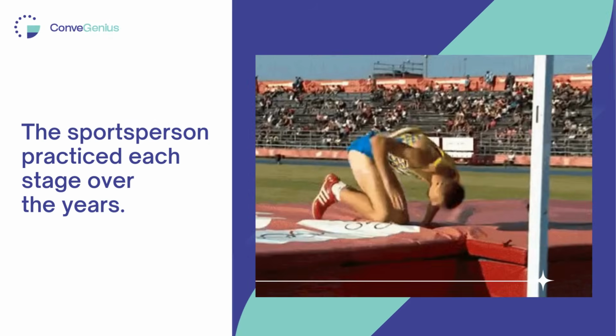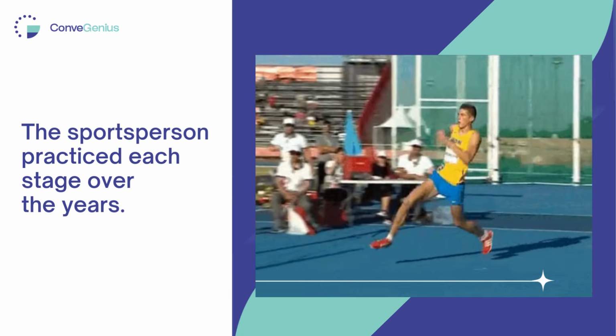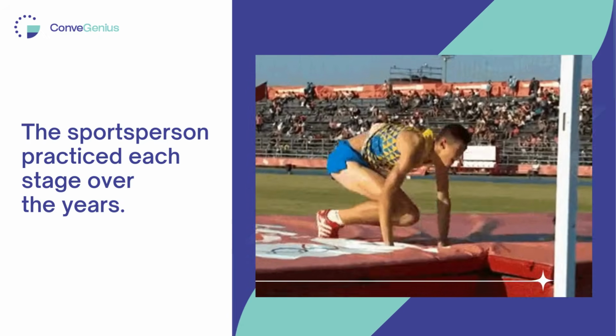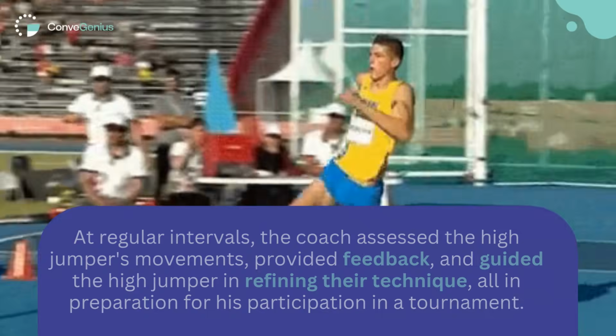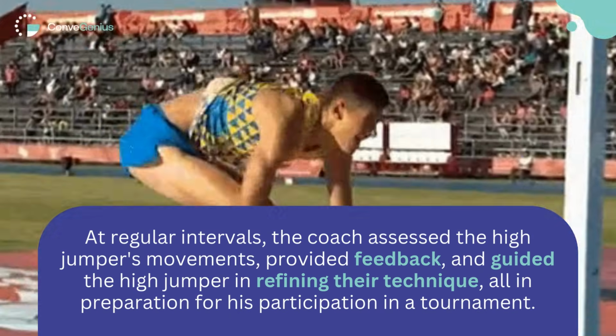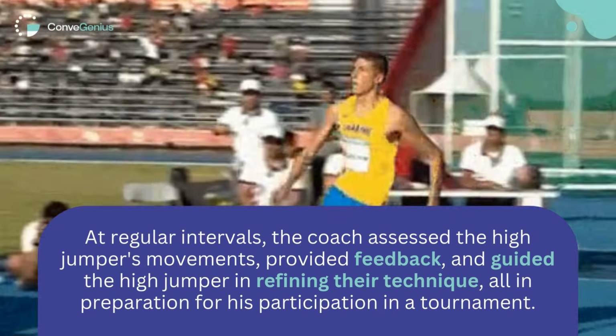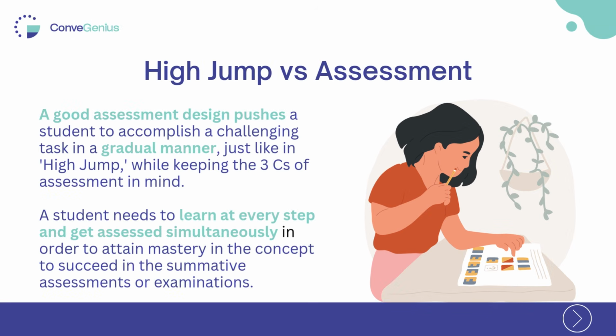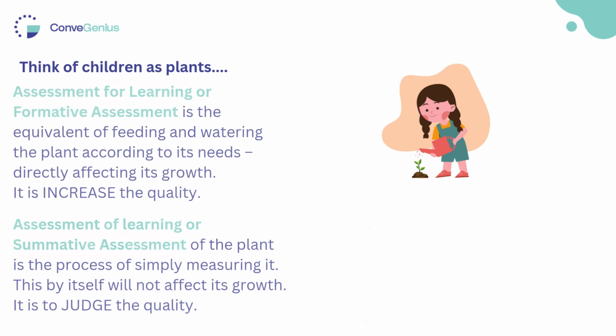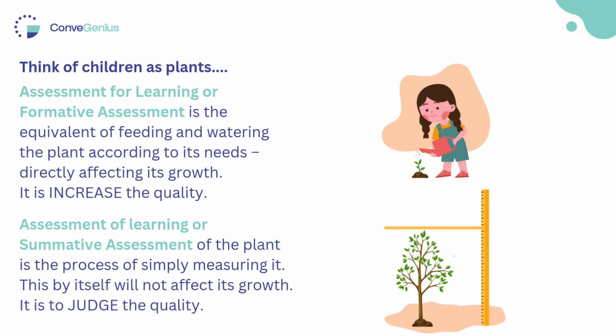The final jump in the competition where the athlete is judged is assessment of learning. It tells us the result, but it doesn't help him improve. Just like plants, watering and nurturing every day supports growth. That is assessment for learning, while simply measuring height is assessment of learning.